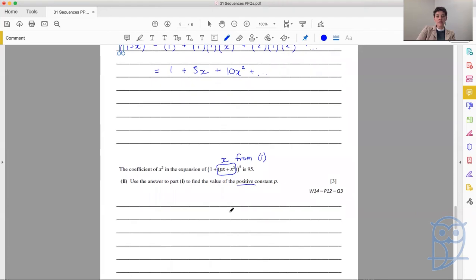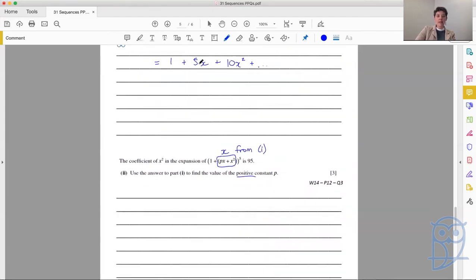So now we have to think about, if instead of having x and x, we had px plus x squared in each of these things, how would we make an x squared term? Because we've got to build this expression for the x squared term in order to get the coefficient to equate to 95 and to solve for p.